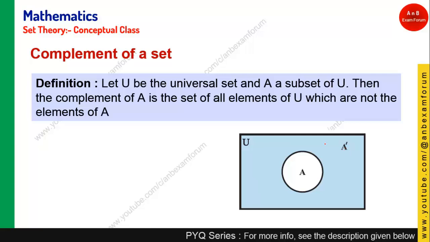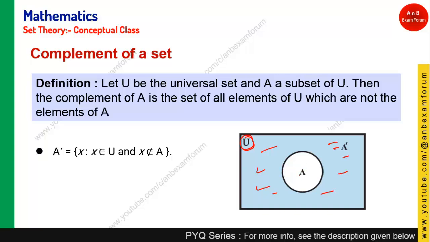If you see the definition, it is the set of all the elements of U which are not elements of A. All these elements which are present in the universal set but not in this particular set are known as the complement of the set. Understood? If you see the definition, A complement means X belongs to the universal set but X does not belong to this particular set.